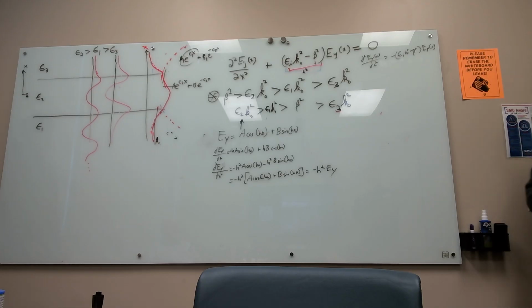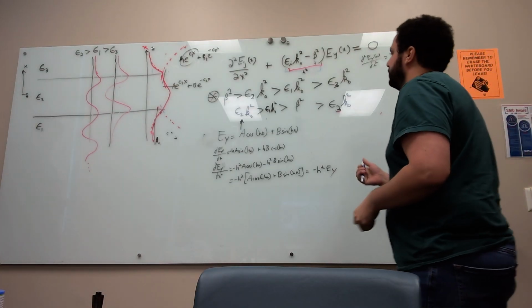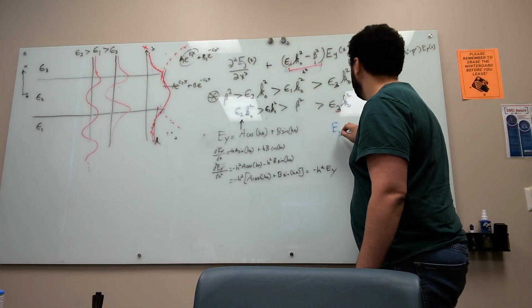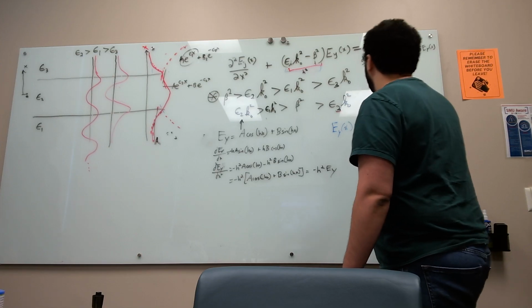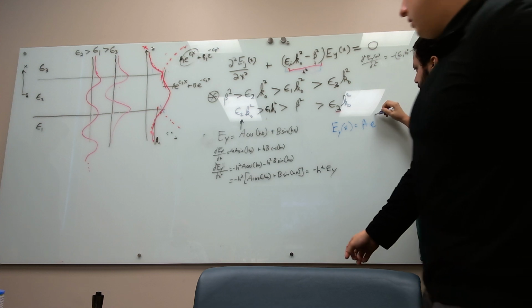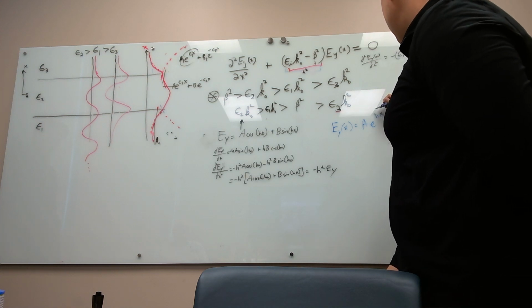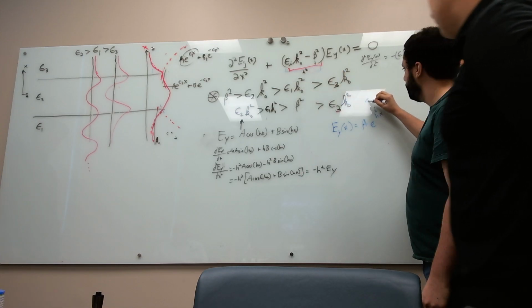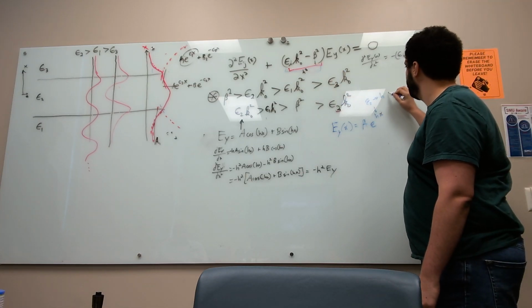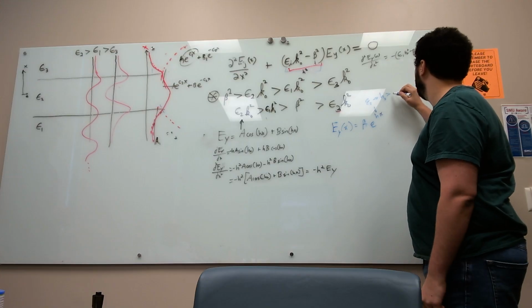Because E2 k naught squared is going to be larger than E1 k naught squared, so therefore H is going to be larger, their H, yeah. So H2 is larger than H1.